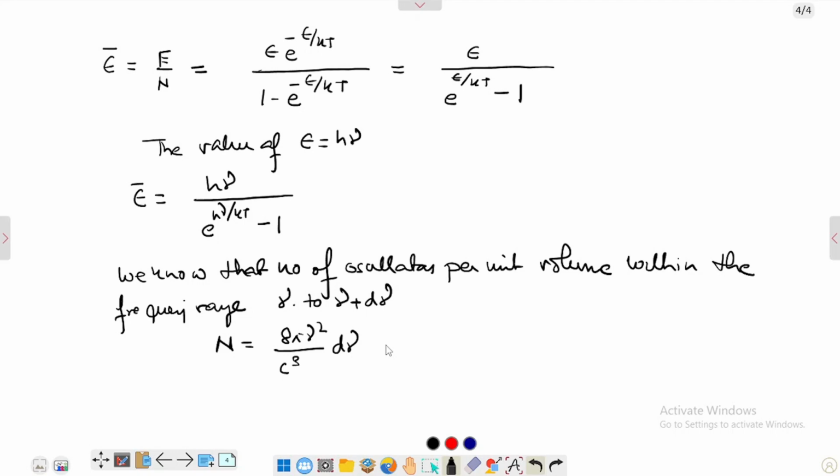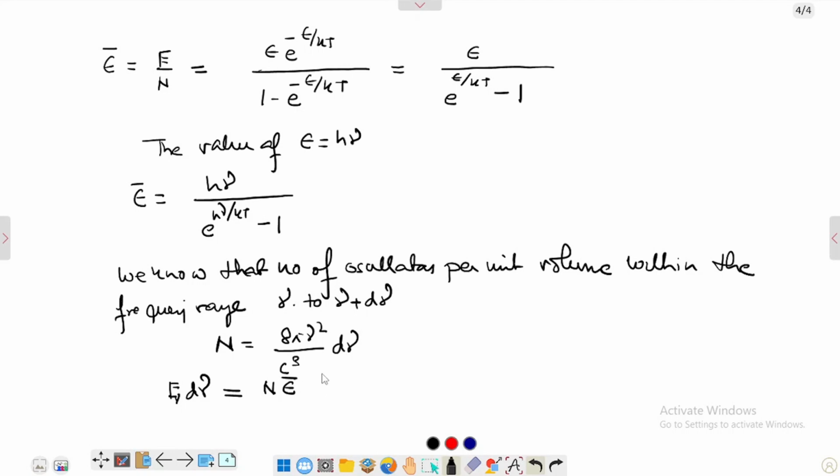So we have to find out the radiant energy density between this frequency range. How can I find out the radiant energy? The radiant energy is E d nu, and this E must be a function of nu itself. That will give you the number of particles there with your energy.